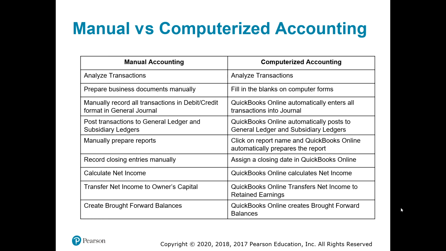It automatically will post to the drawing account or retained earnings, and it automatically transfers net income. It's awesome. Otherwise, we would have to calculate the net income, transfer it manually, and then create brought forward balances. All that is done computerized.